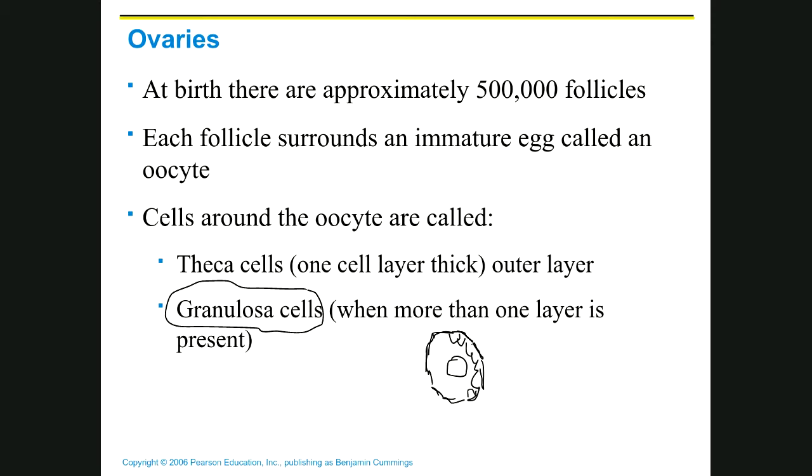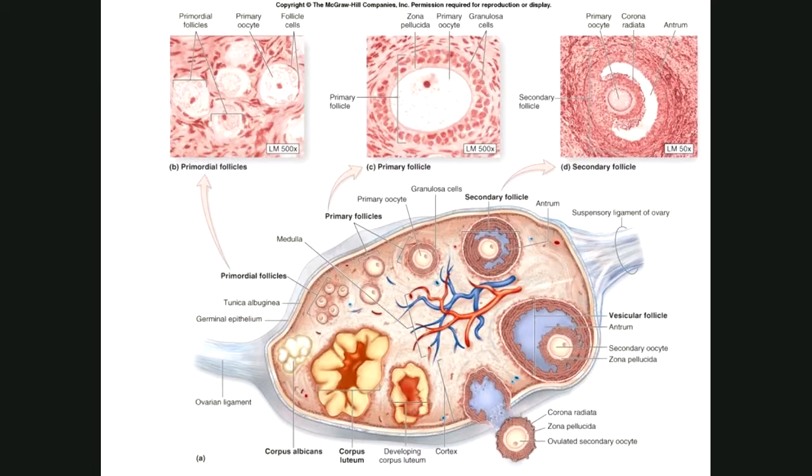And you can have one layer or two layers or 5 layers or 10 layers. They get bigger and bigger and bigger until they begin to look like that. So there's the theca cells right there, the little line that you see. Here are the granulosa cells here and here and here. And then there's the oocyte right there.